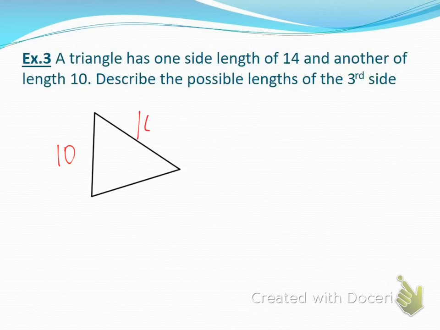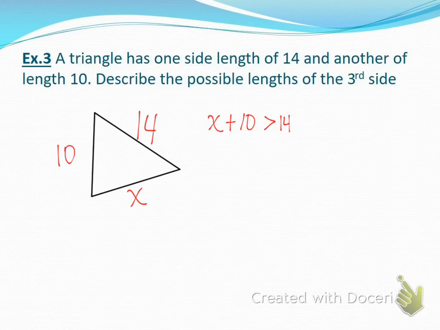One side has a length of 14, the other has a length of 10. We are trying to figure out the possibilities for the third side. So, if we use those types of statements we made on the last slide, we could make statements like x plus 10 needs to be greater than 14.